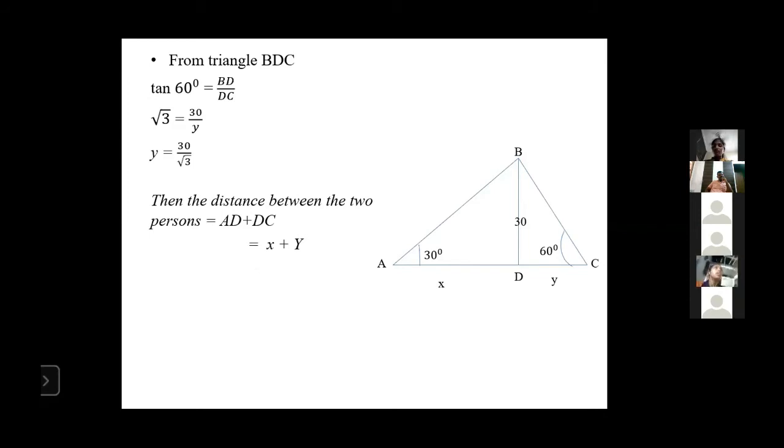First they asked to find the AC length. So total AC is equal to AD plus DC. Yes, it is x plus y. First, we got the x value as 30 root 3 plus here the y value is 10 root 3.